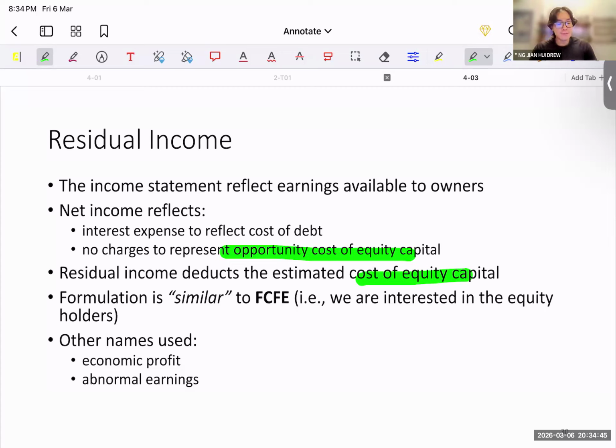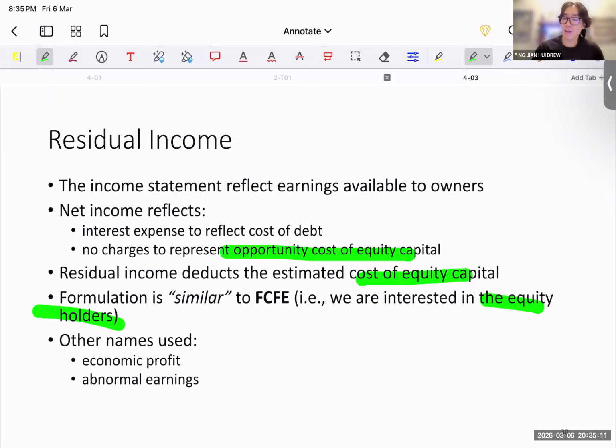The residual income model is very similar to our FCFE, where we're actually interested in the equity holders. The last model that we're going to learn is the EVA model, and the EVA model is the one where we look at the equity and debt holders, which is therefore very similar to our FCFF.